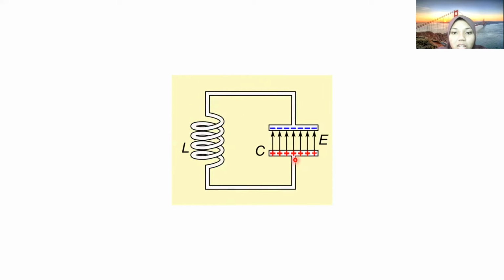As you can see here, this is the start, positive, negative, send current and build a magnetic field. When the magnetic field produces a voltage, it will recharge the capacitor with the different polarity. This process will begin again and again and again.